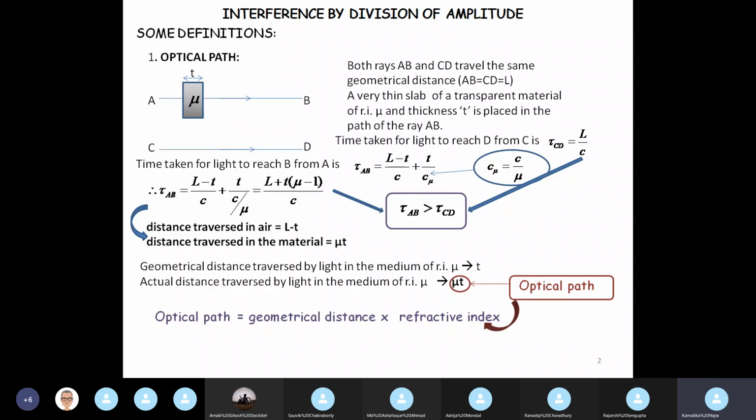So this is the definition of optical path. Optical path equals geometrical distance multiplied by refractive index, right? Of course, in air mu equals 1, so optical path and geometrical path become identical.